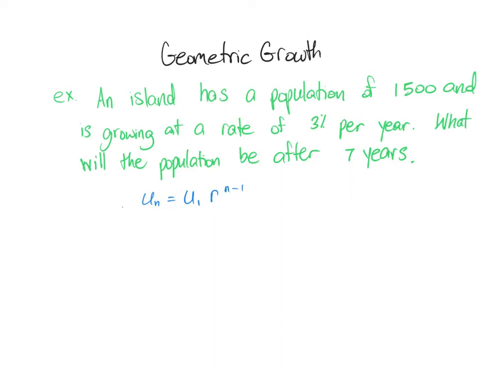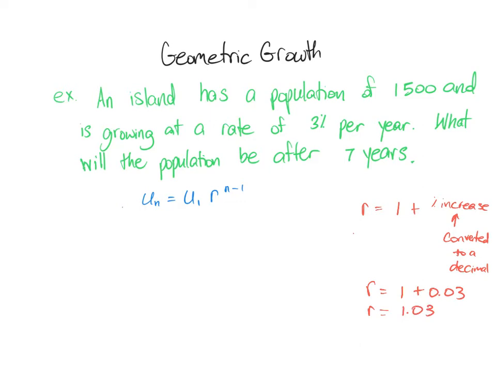So let's make sure we have that down, because that's a key thing in this topic. r is always going to be 1 plus the percent increase, but that should be converted to a decimal, which means here that r is going to be 1 plus 0.03, and in this case r is equal to 1.03.